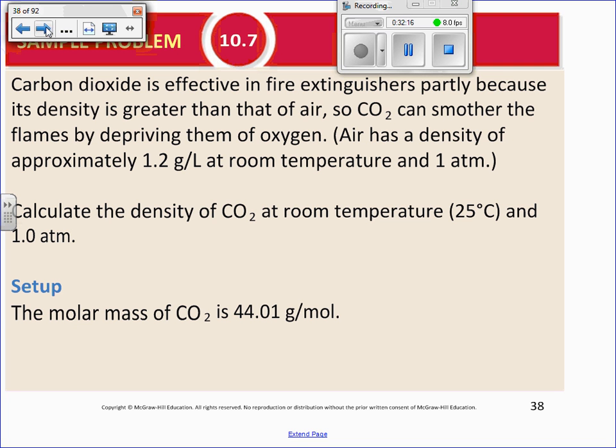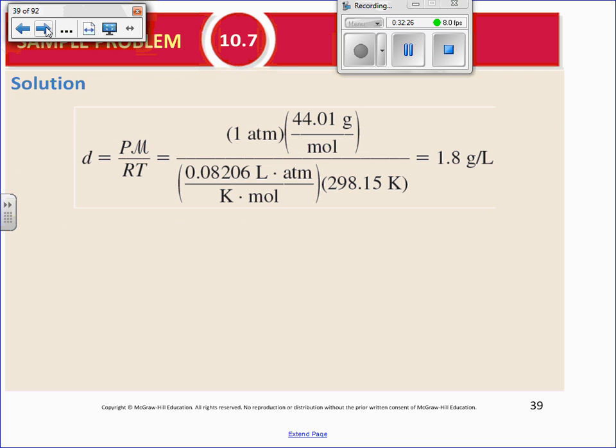So we want it in grams per liter. So think about it, a mole, well, density is equal to pressure times molar mass over RT. And do all the calculations, 1.8 grams per liter.